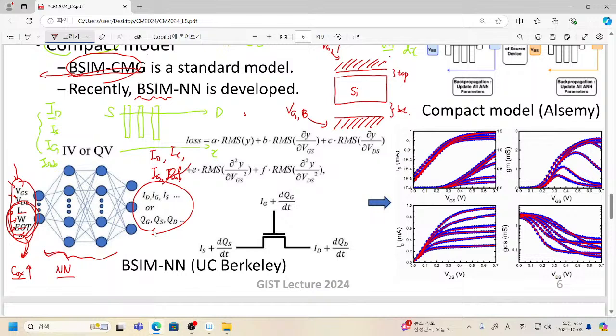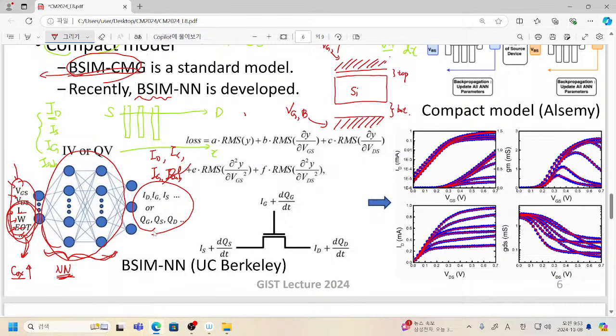Internally we have a complicated neural network. Many of those ideas to introduce neural networks were motivated by the faster speed expected from them. But actually many implementations could not accelerate the simulation, because calculation of this complicated function sometimes takes a longer time than the highly optimized BSIM CMG simulation.